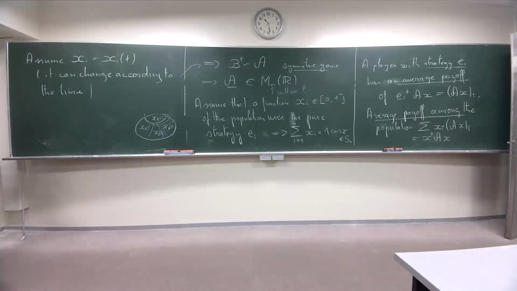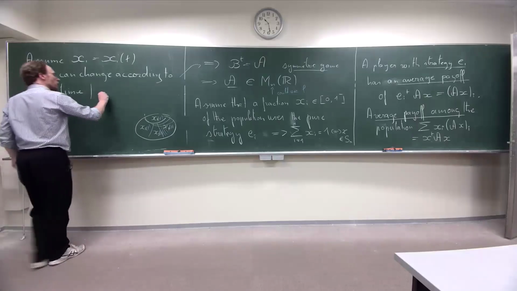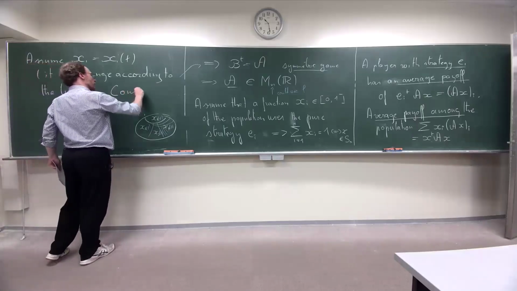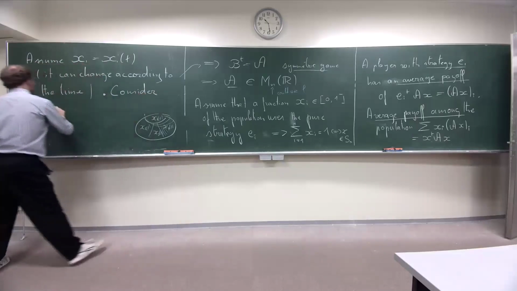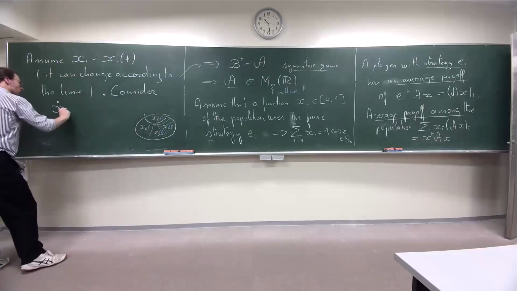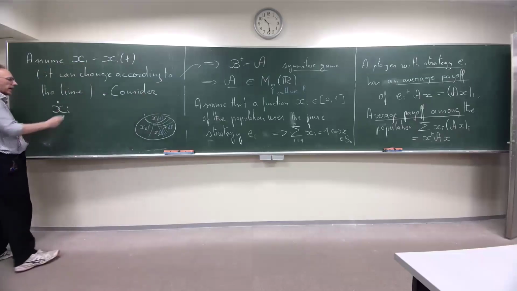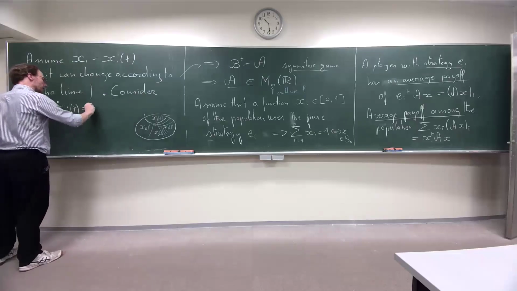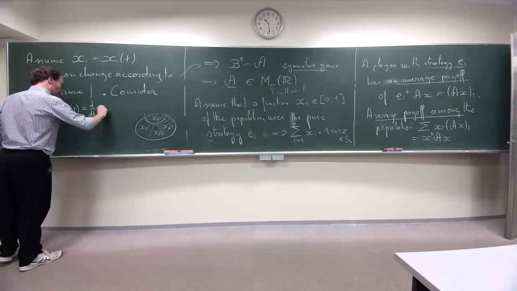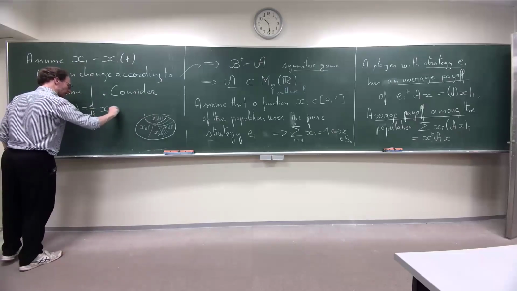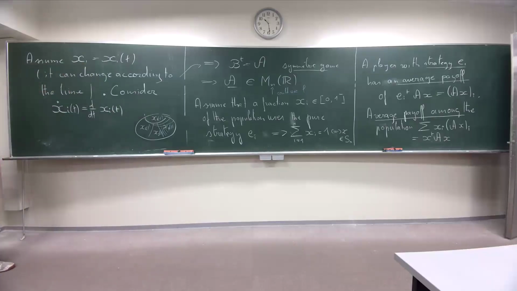But now I need a dynamic. I need to say how it changes, and this is a key point. So I'm going to consider the derivative. There is a standard notation, x dot i of t. This is d over dt of xi of t. So I compute the derivative.